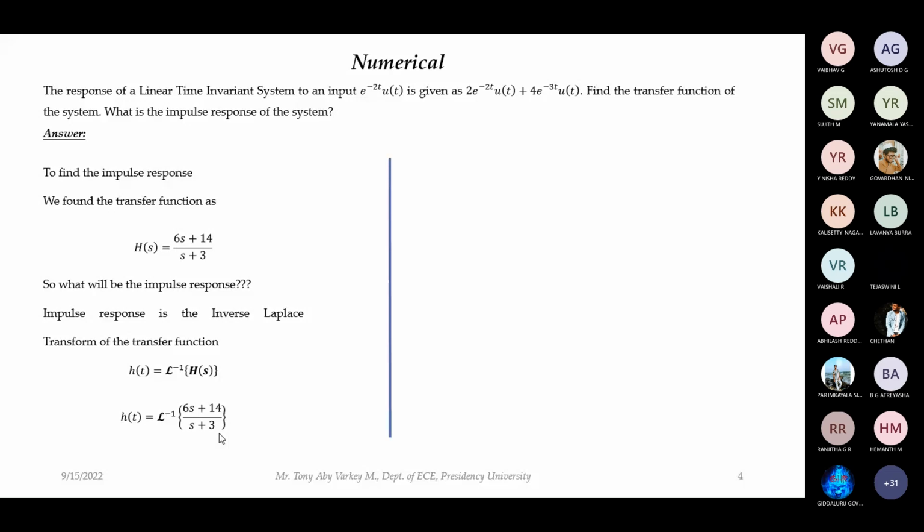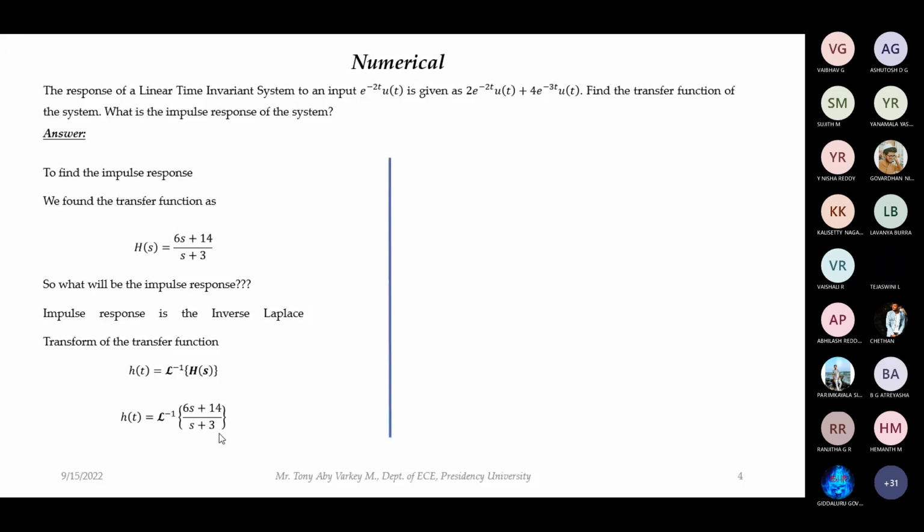Are you able to find? Any idea how to do this?